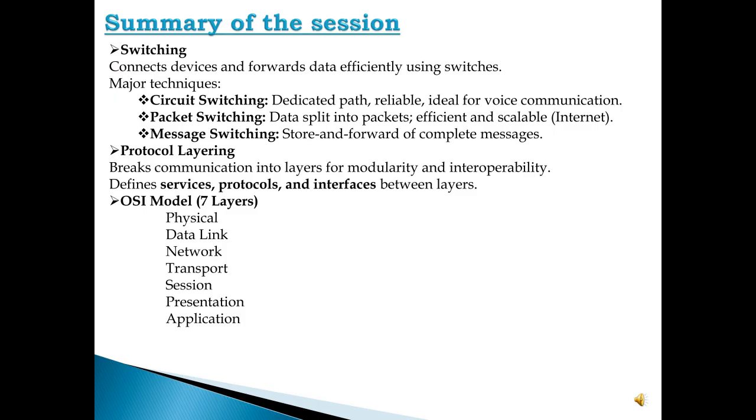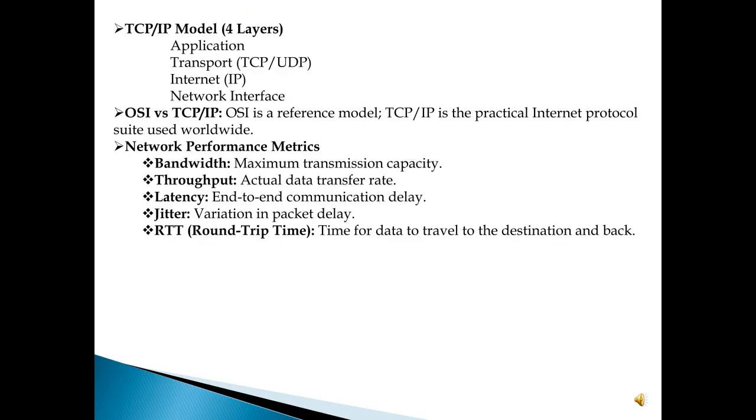Protocol layering breaks communication into layers for modularity and interoperability, and defines services, protocols, and interfaces between layers. We have discussed the OSI model, the seven layers, that is physical, data link, network, transport, session, presentation, application. Then we discussed the TCP/IP model, the four layers: application, transport, that is TCP and UDP, internet, that is IP, and network interface.